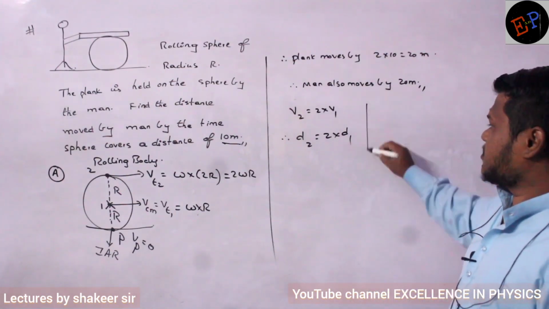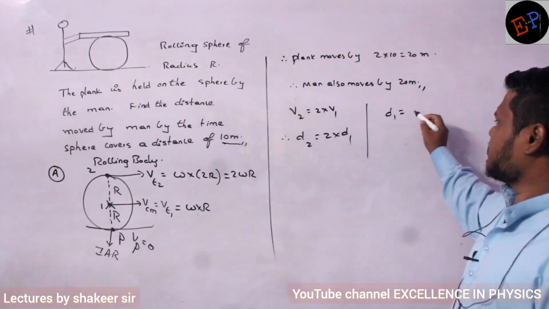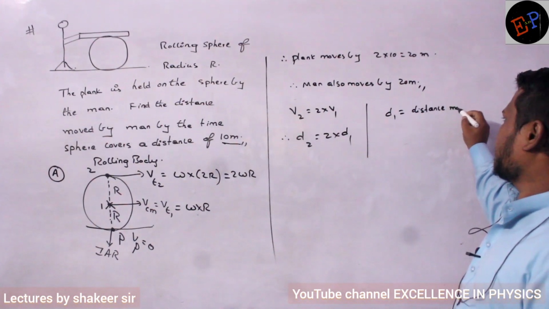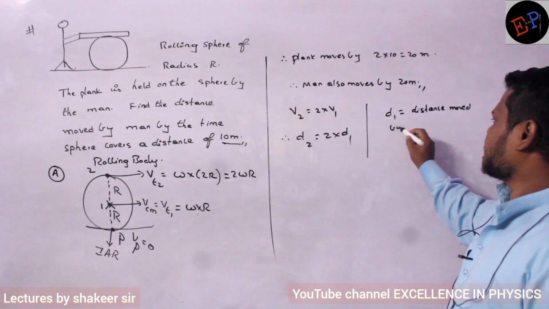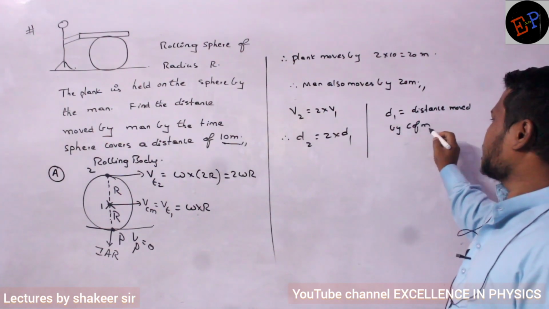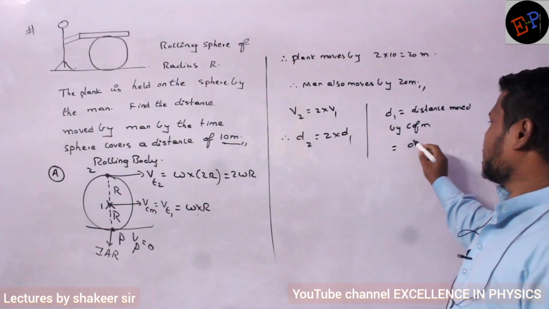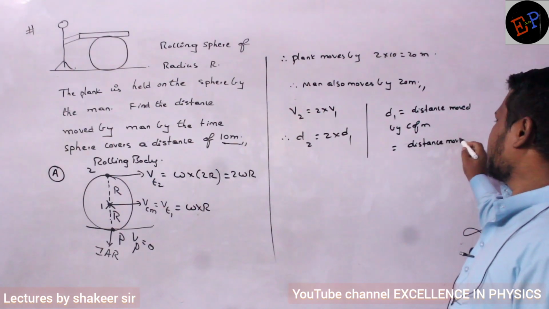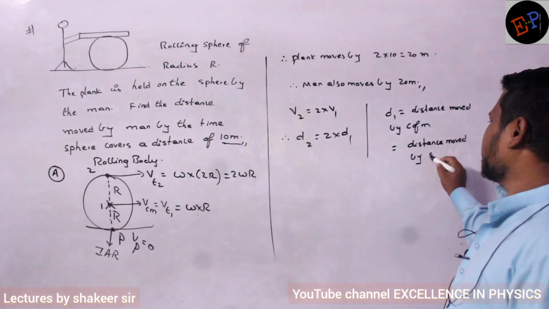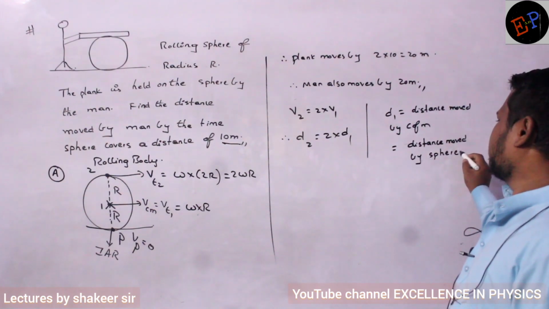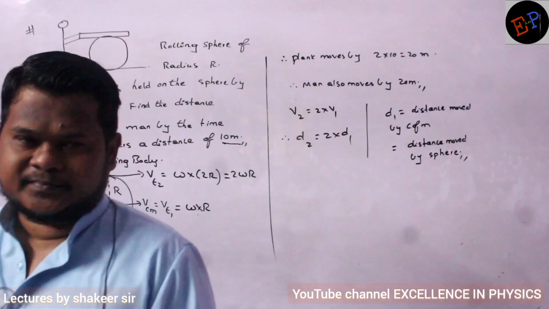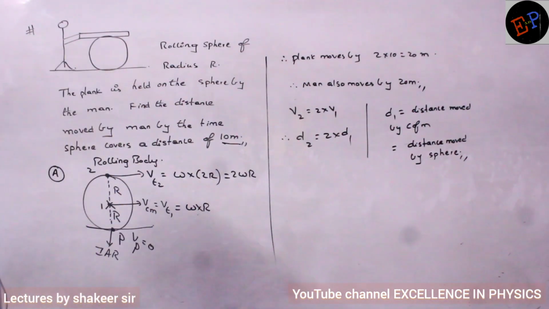And the distance travelled by point number 1 is nothing but the distance moved by the center of mass, which is the distance travelled by the sphere. Very simple point. Are you able to understand?